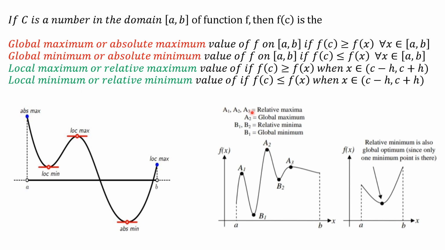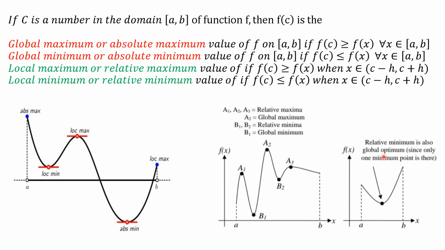Local maxima and local minima mean not in the whole interval, but only in the neighborhoods or the restricted interval. There may be more than one local maxima and local minima, but absolute or global maxima is unique, and absolute or global minima is also unique.